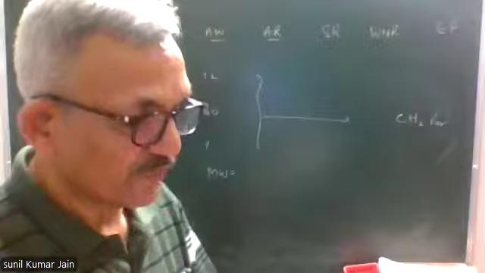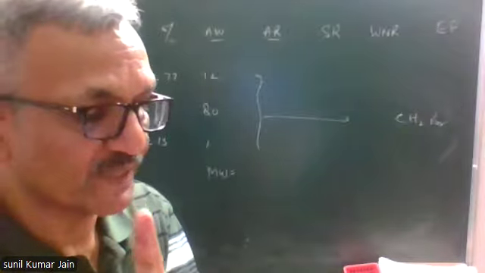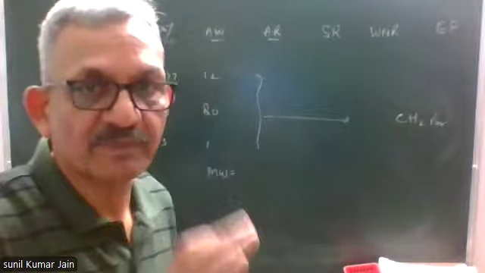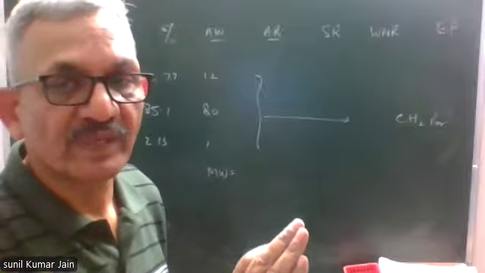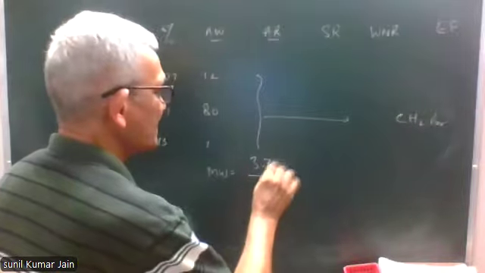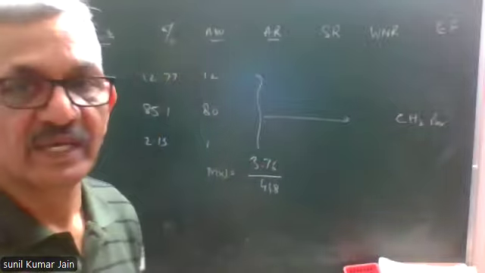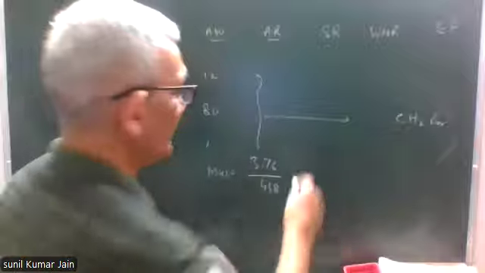Here we are given 448 cc is the volume occupied by 3.76 grams of compound. So 448 volume weighs 3.76 grams. One weighs 3.76 grams divided by 448. 22.4 liters means 22,400 cc will weigh how much?